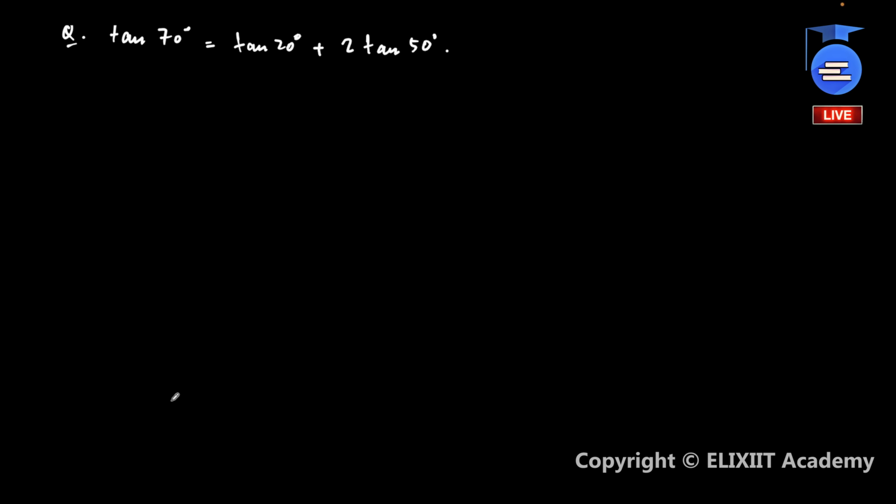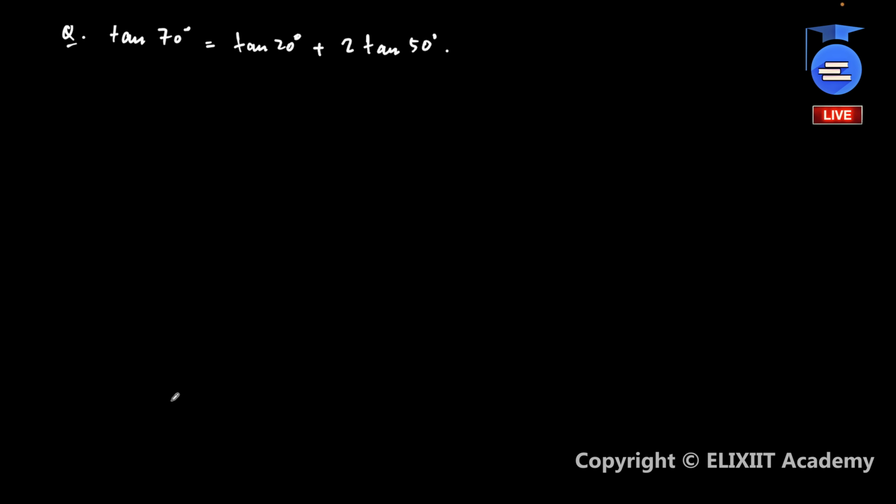The entire expression is involving tan. So over here, what should we do in order to prove that tan 70 is tan 20 plus 2 times tan 50?